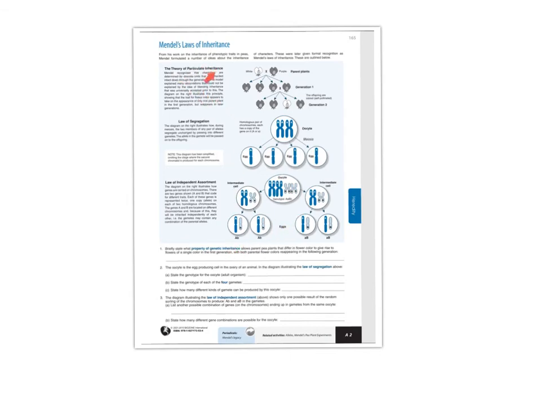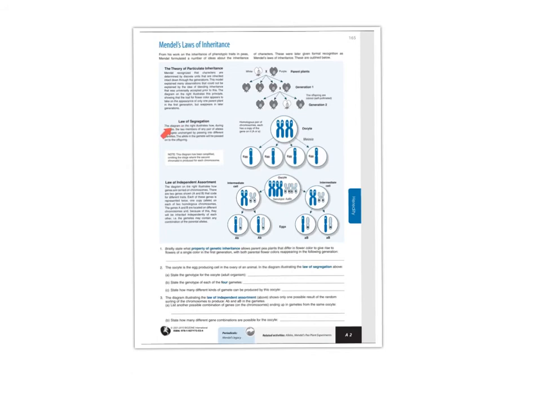The theory of particulate inheritance is this idea that characteristics can be passed on from one generation to the other in discrete units. So dominant, recessive, these things are particulate inheritance. He didn't know anything about DNA, obviously. What he's talking about here, today we would call genes, right? But he had no way of explaining it because he didn't have the knowledge of DNA that you have.